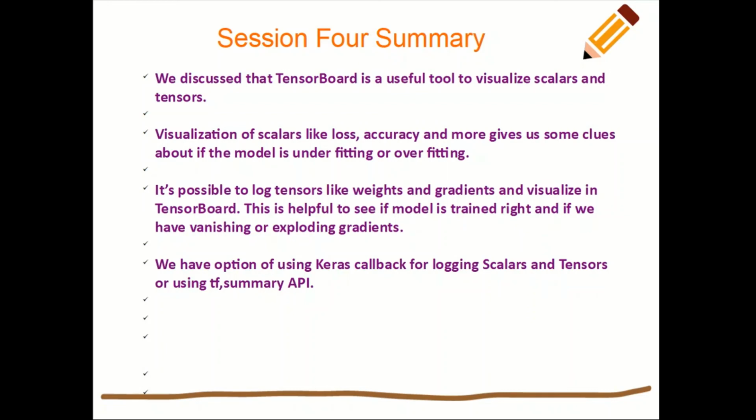So we discussed that TensorBoard is a useful tool to visualize scalars and tensors. So scalars could be loss, accuracy, or any kind of metric, any kind of custom metric or custom value that we want to log. And the tensors are basically any kind of weights or gradients that we want to visualize, and they're very helpful when we are trying to debug issues like vanishing gradients or exploding gradients.